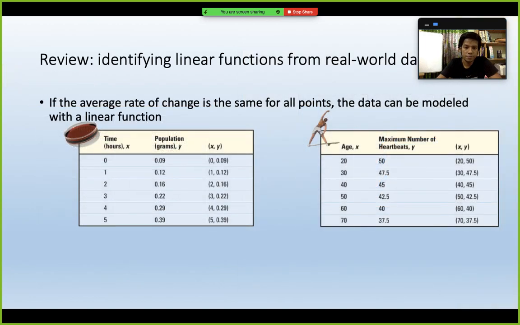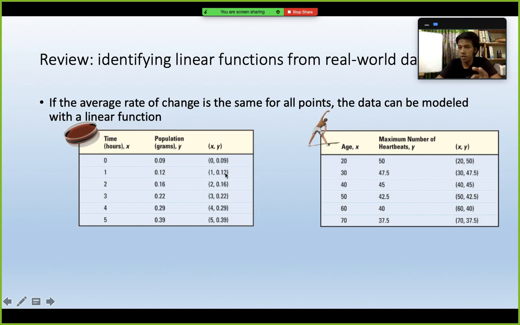Okay, let's go. From this given data, actually this is a recap from our previous lesson. Just a recap: this data and this data, which one represents linear, which one is not linear. To find it out, you have to look at the x value and y value for this graph and for the other graph. The main clue is the average rate of change will be constant if it is linear.